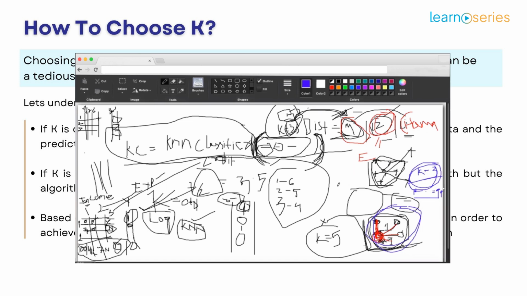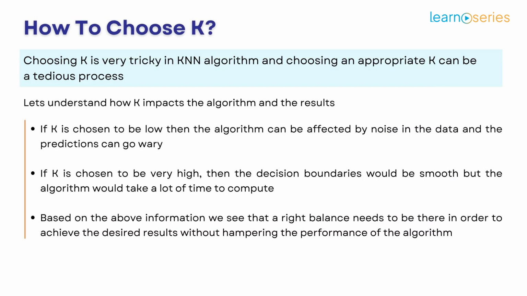That means it is not doing well because you have not given enough of a value of k. If you give a very high number, then the time it has to go through all the distances and identify the 99 nearest, it has to calculate. So the time taken for building the model is very high.